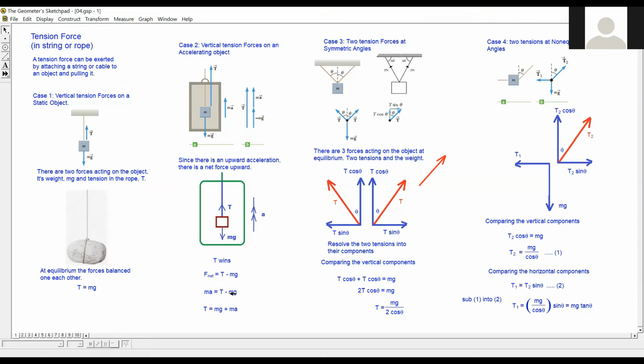When I make T the subject, the mg moves over to the other side, becomes mg plus ma. So our conclusion is, if the object is moving upwards, the tension in the string is much bigger than when it is stationary. Because not only are you holding the object, you must pull the object upwards some more. So you need a bigger tension, right?